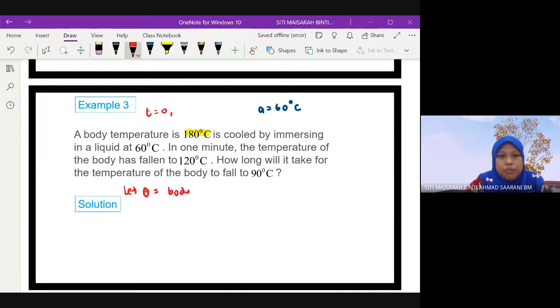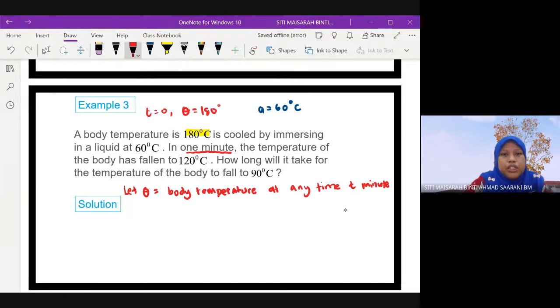Body temperature at any time T. Okay, T dia minit kat sini. Sebab apa minit? Kat sini dia sebut in 1 minute. Okay. So jadi bila T kosong, theta dia adalah 180 degree Celsius.